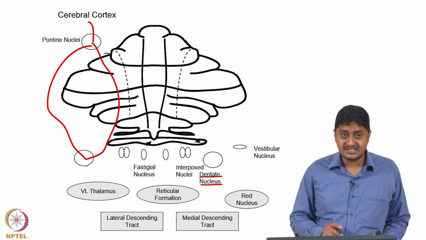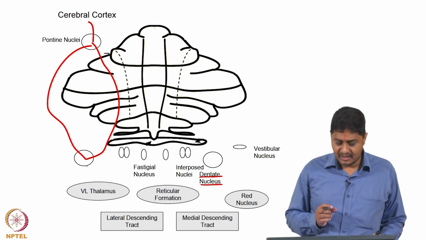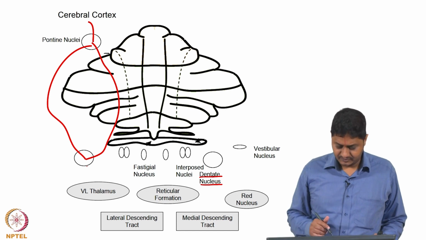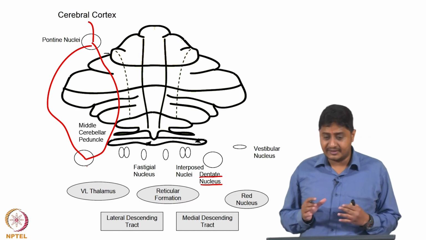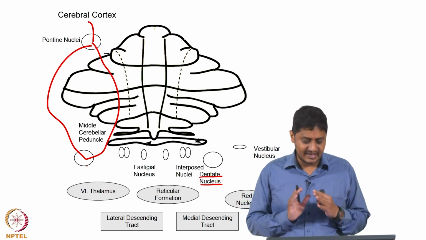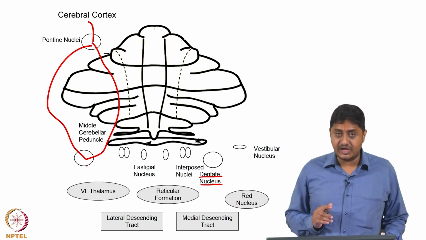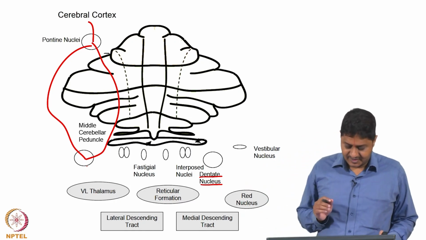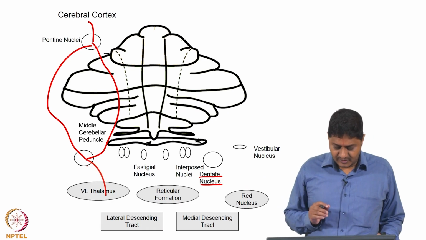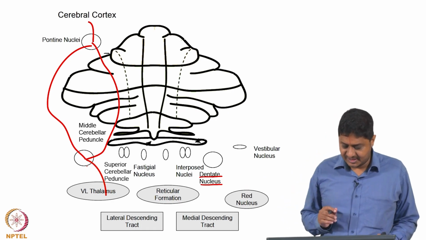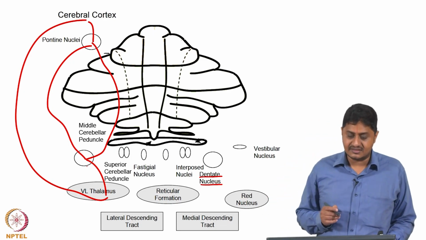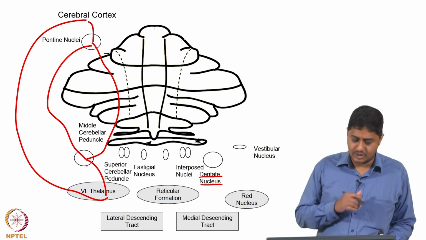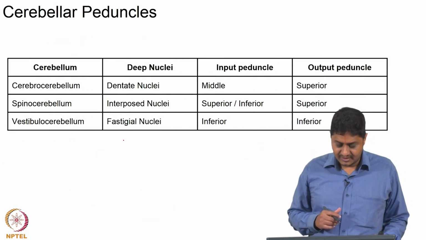Through the dentate nucleus, this is relatively well developed in advanced species such as humans, right, and this is mainly through the middle cerebellar peduncle. So, the middle cerebellar peduncle is exclusively dedicated for communication with the cortex, right, and from there to the ventrolateral thalamus through the superior peduncle, and from the ventrolateral thalamus back to the cerebral cortex. This is the recurrent loop that we saw in one of the previous slides, right.